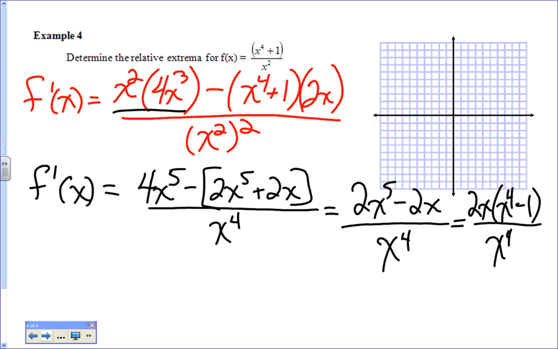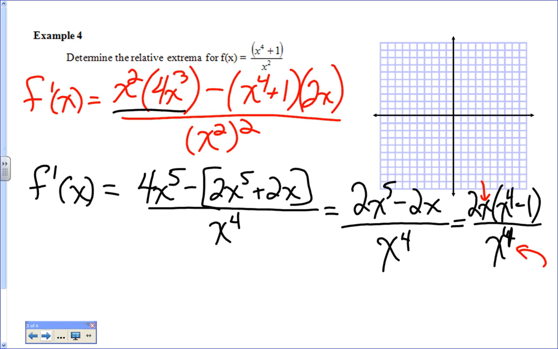I chose to do it this way to see what exactly it is that you want to cancel. That's why I chose to be a little devious on how I wrote this. Does this x to the 4th in the denominator cancel with the x to the 4th in the numerator? No. Can the x that's sitting outside cancel with one of them here? Yeah.